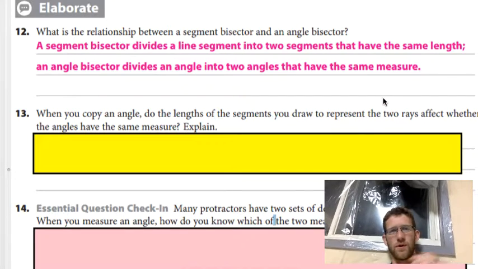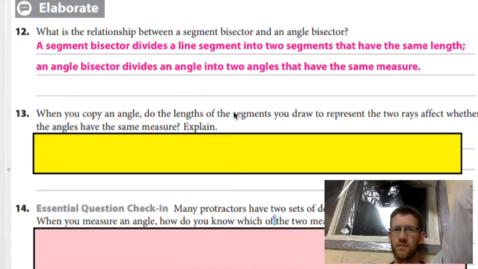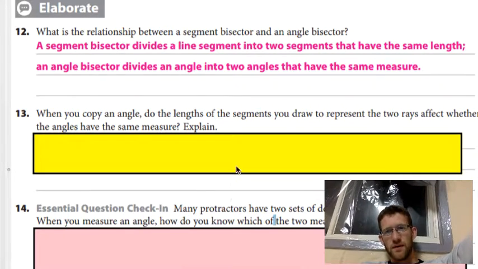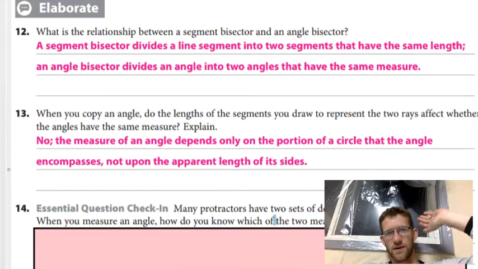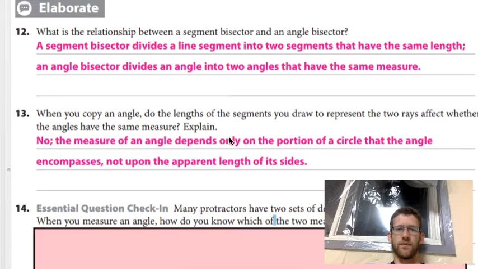You're drawing rays, but rays are infinite, right? You can't draw a ray, so therefore you're using segments. Does the length of the segment matter? No, it doesn't, because the segments here are just in place of rays. They go on forever. So the length of those things doesn't matter.